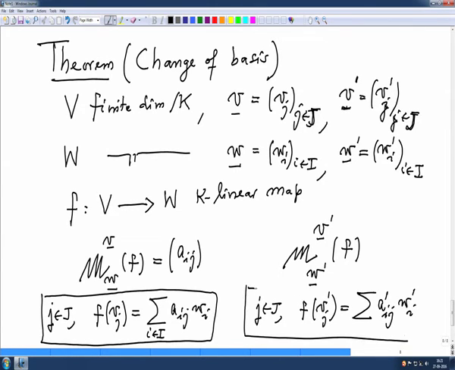These equations will give this matrix a prime_ij.